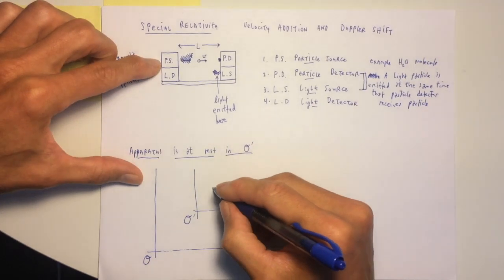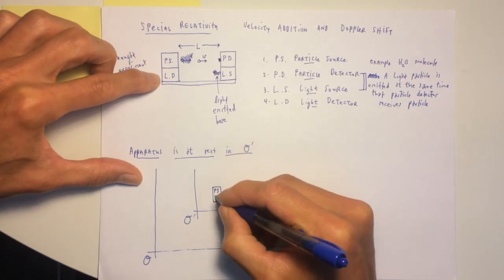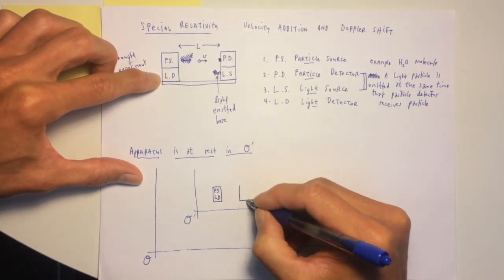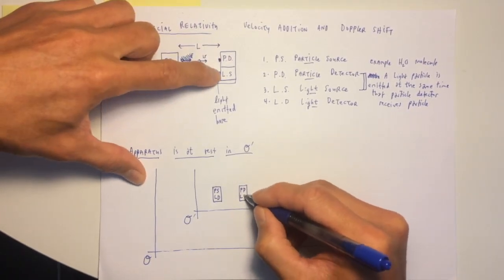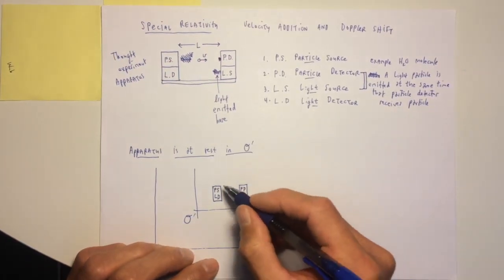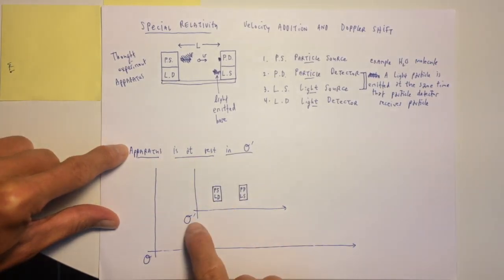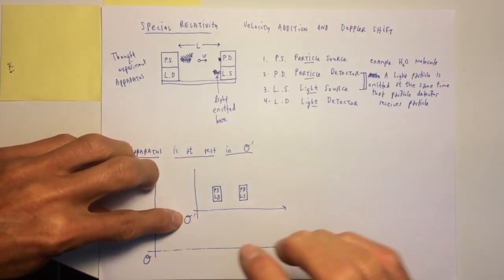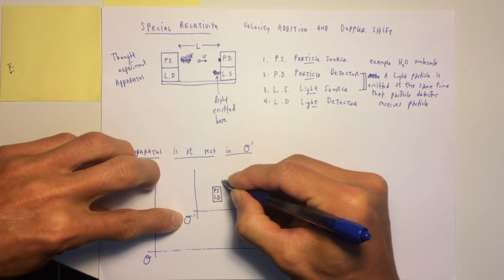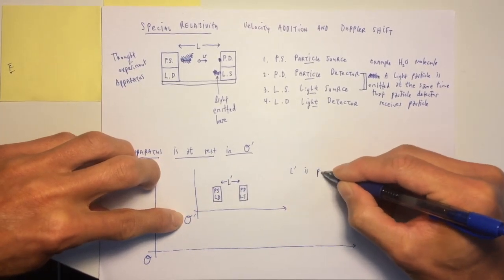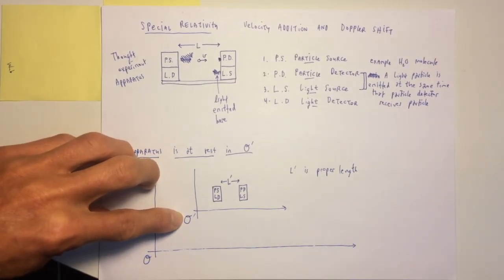So I'll put the apparatus in O prime, so it'll be P, S, L, D, and then PD, particle detector, and a light source, separated by a separation distance L. So the apparatus is at rest in O prime. So O prime can measure what's known as the proper length. Right? So that's what L prime can measure.